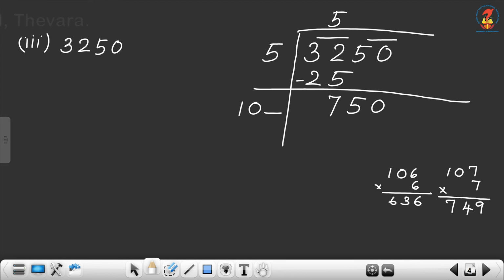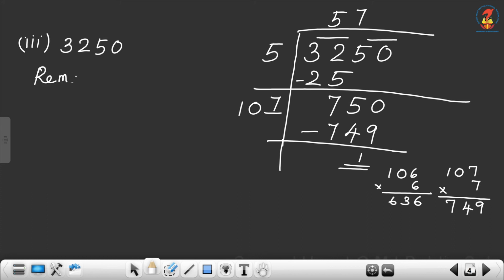So we can take the digit as 7. 107 into 7 is equal to 749. So the remainder is 1.